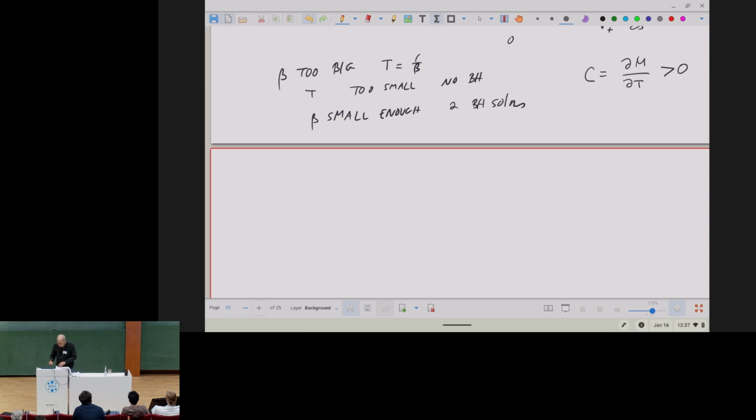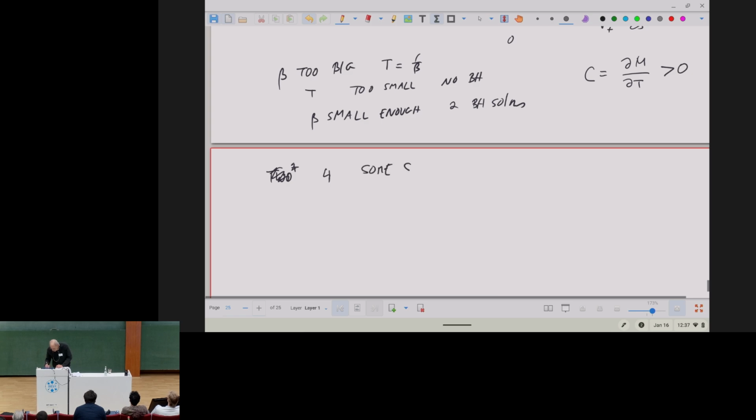So we have two fillings. We have some solutions as a function of beta.